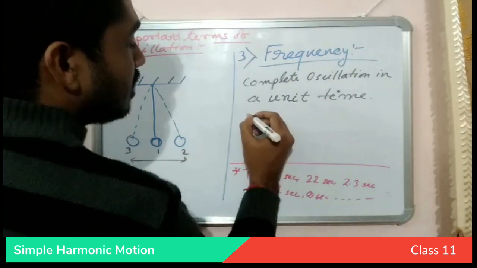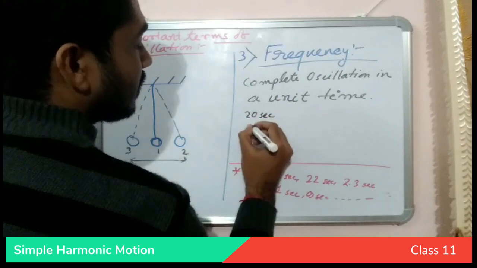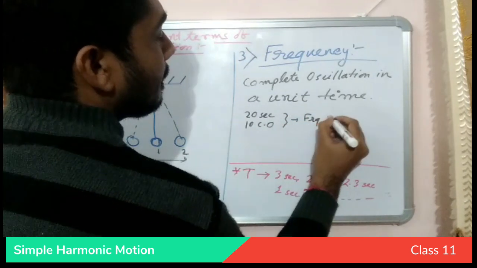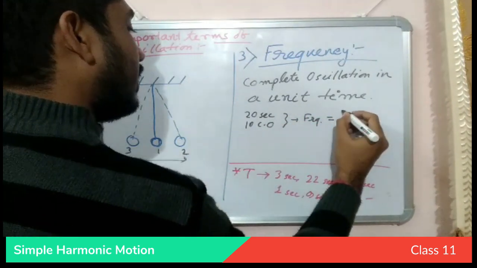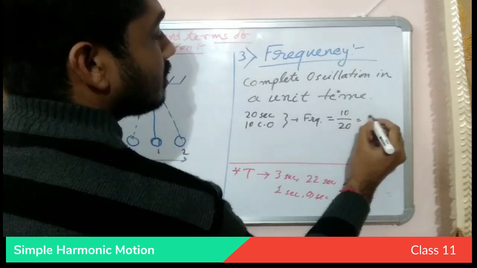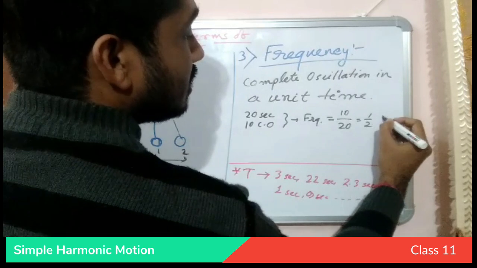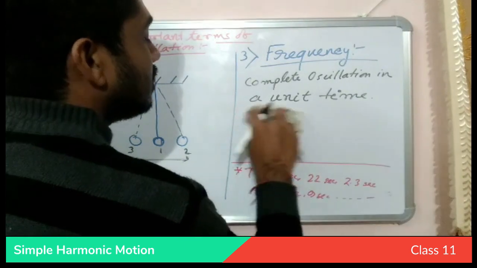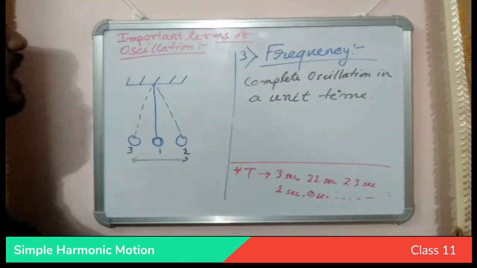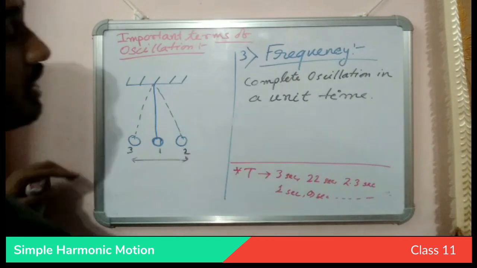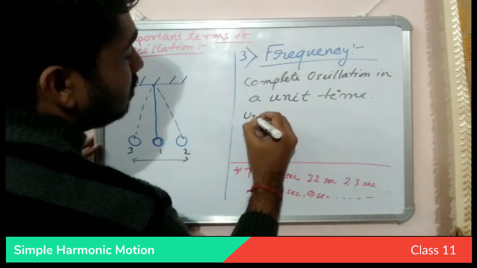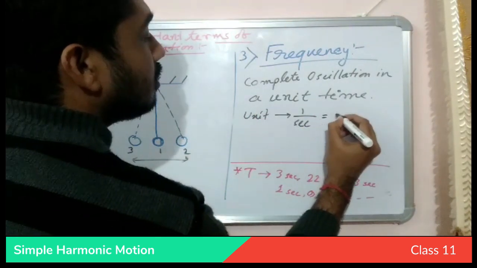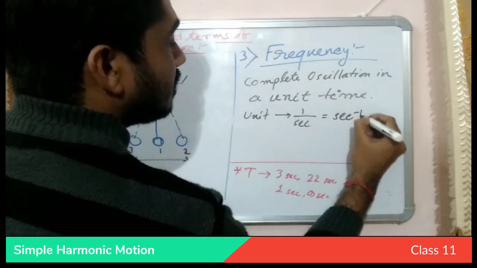So the frequency is 10 complete oscillations in 20 seconds, so the frequency will be 10 by 20, equal to 1 by 2, and the unit is hertz. Number of complete oscillations per time is known as the frequency, so its unit will be 1 by second, or second inverse.